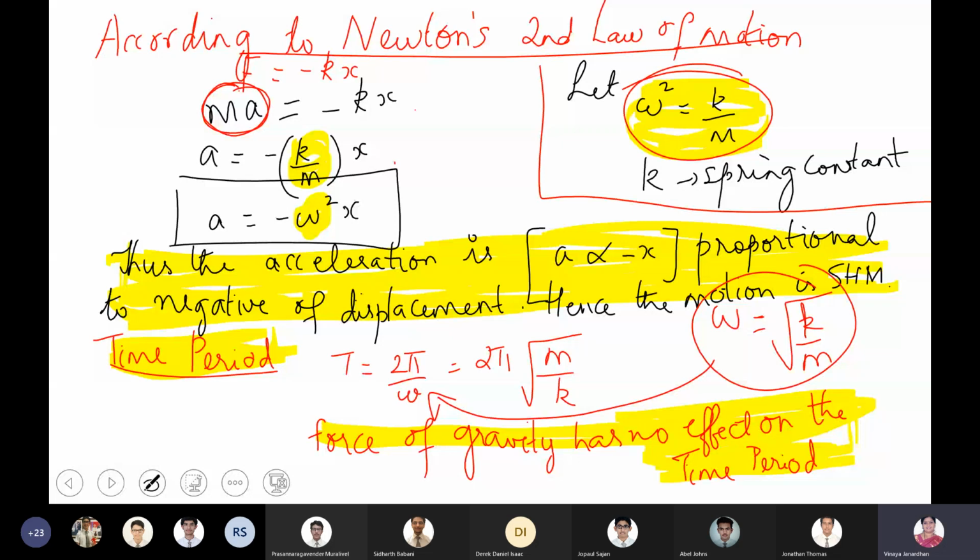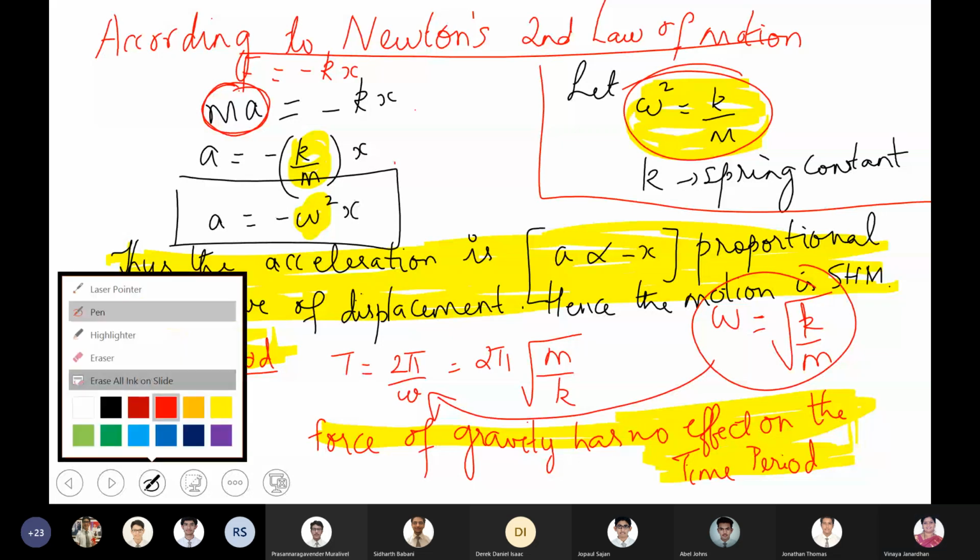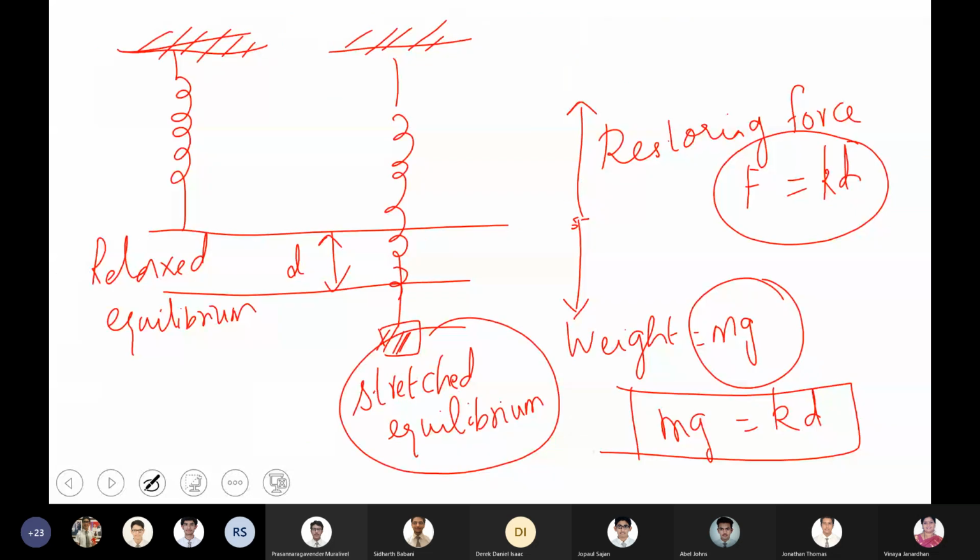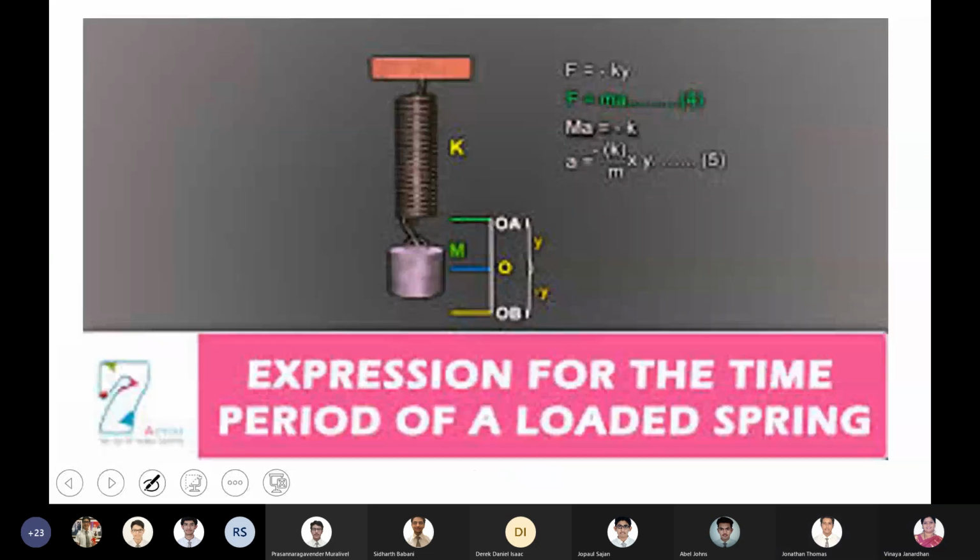Shall I move to the next? Boys, you start doing the numericals.